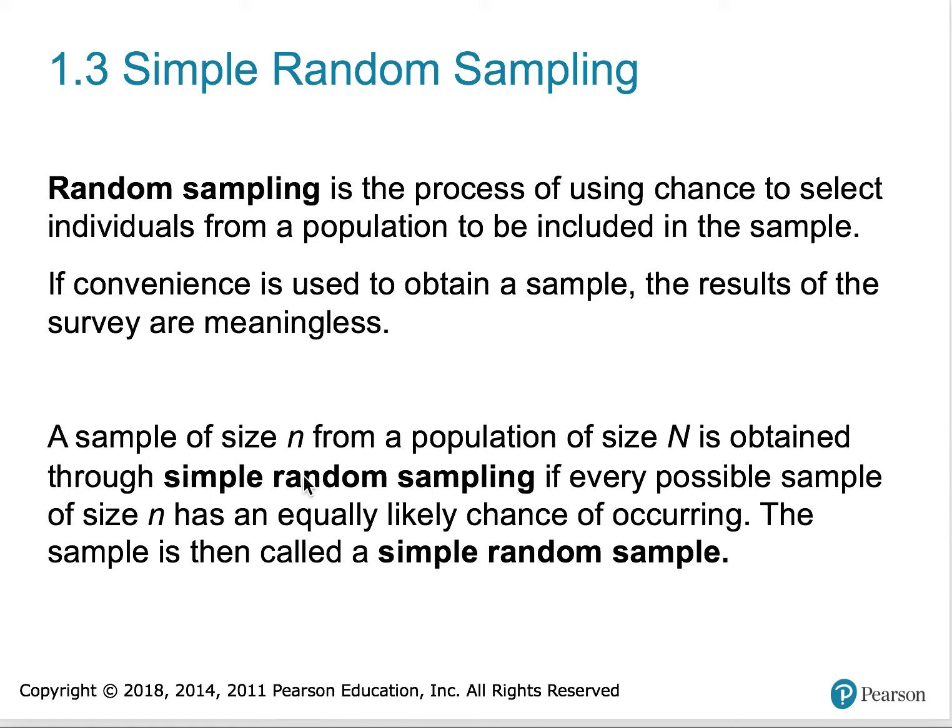If we have a sample of size lowercase n from a population of size uppercase N, obtained through simple random sampling, it means every possible sample of size n has an equally likely chance of occurring. Then this sample is called a simple random sample. So uppercase N is for population, lowercase n for sample.